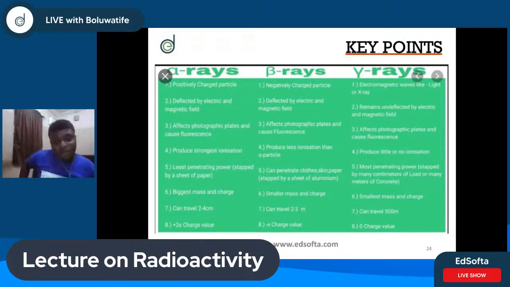Beta rays can travel farther than alpha rays, and then gamma rays travel the farthest, up to 500 meters. And the last is just the magnitude of their charge: plus 2 for alpha, minus 1 for beta, and 0 for gamma rays.